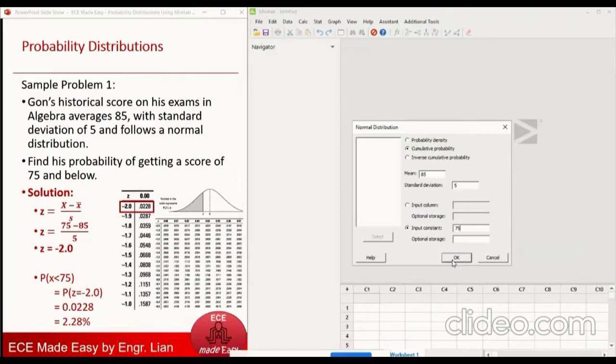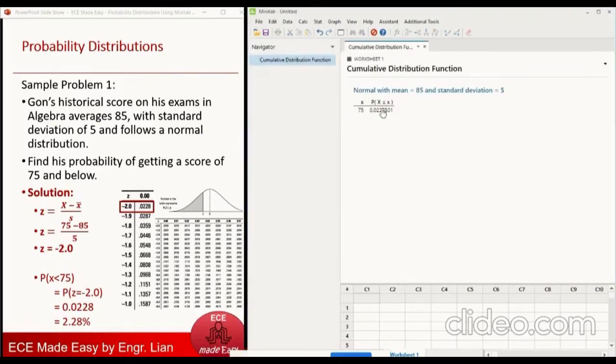So we'll just click OK. And now we will be able to easily get the probability of x less than or equal to 75, the point of interest, and the value is 0.022751, and that's actually the same as what we got using the z table.